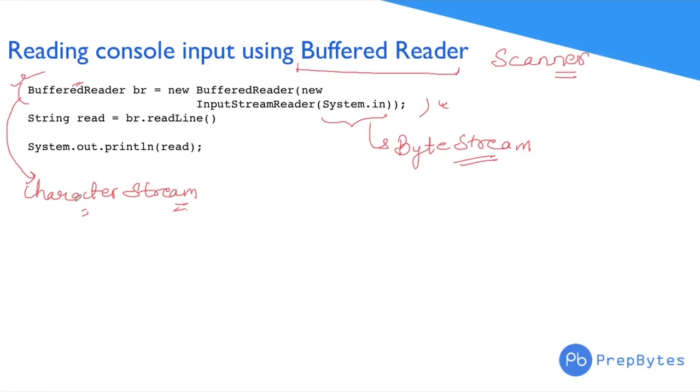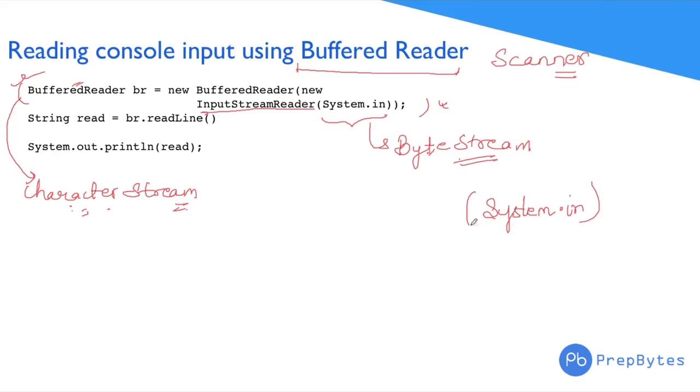Now this byte stream has to be converted to a character stream. So InputStreamReader does the task of converting byte stream to character stream. I'll repeat: we take input from the user using System.in, which is a byte stream.